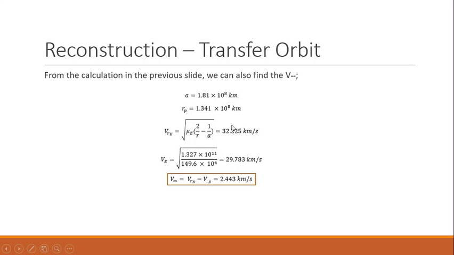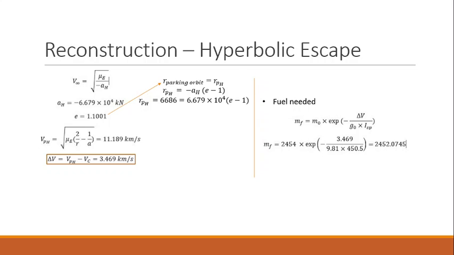We get those velocities by using the vis-viva equation, and we get the V infinity is 2.443 kilometers per second.